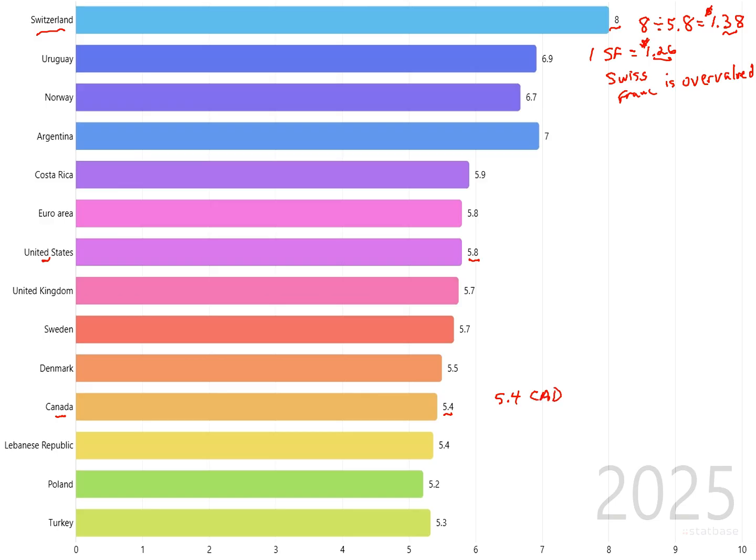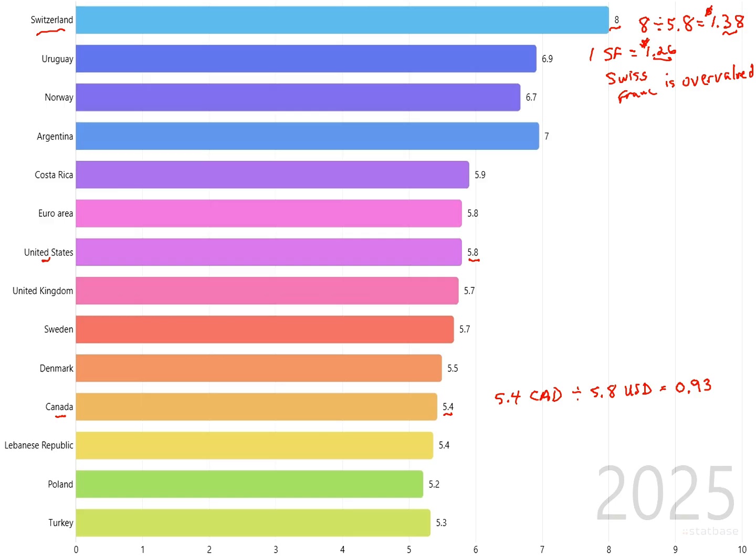So $5.40 Canadian, and the Big Mac in the United States costs about $5.80 USD. So we just put that in the calculator, and we find out that the exchange rate should be about 93 cents, 0.93.